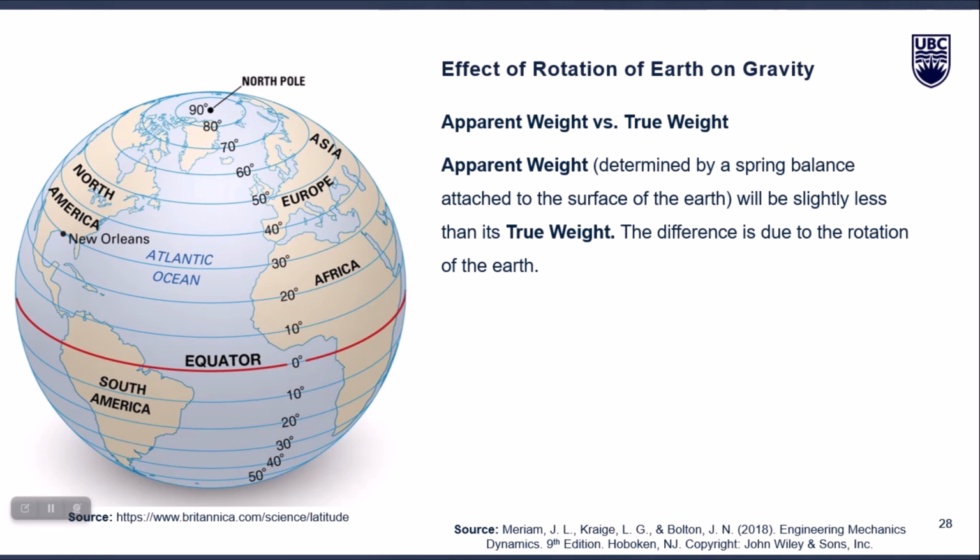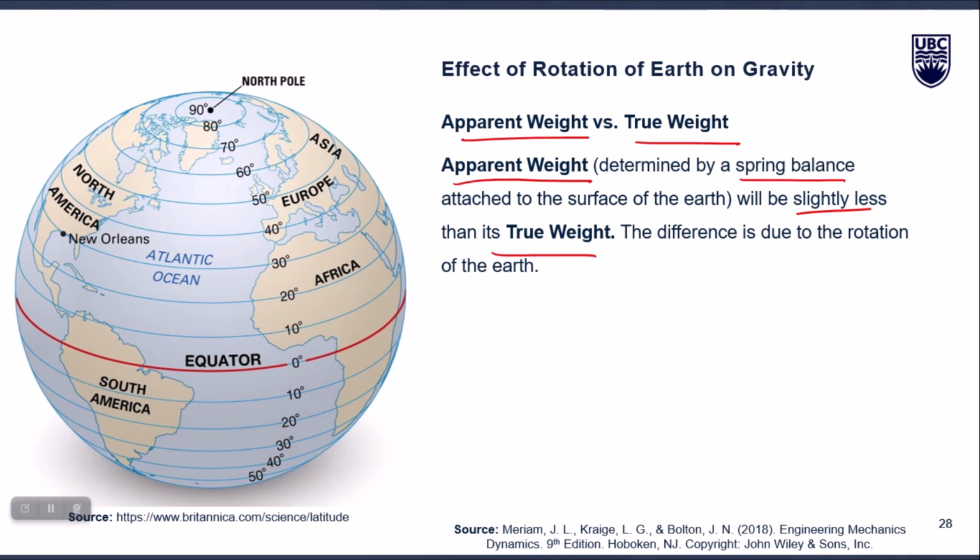However, there is an associated concept called apparent weight and true weight. When you determine the weight of an object using a spring balance on the surface of Earth, you are accounting for that effect of rotation automatically. That is called apparent weight, which you determine using an experiment on the surface, and it will be slightly less than its true weight.